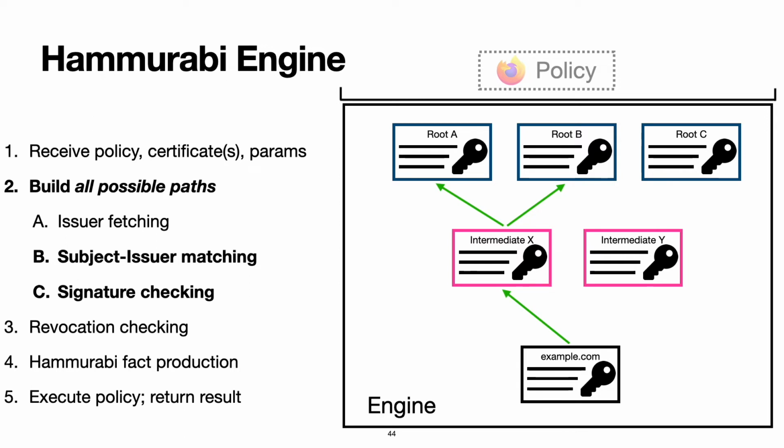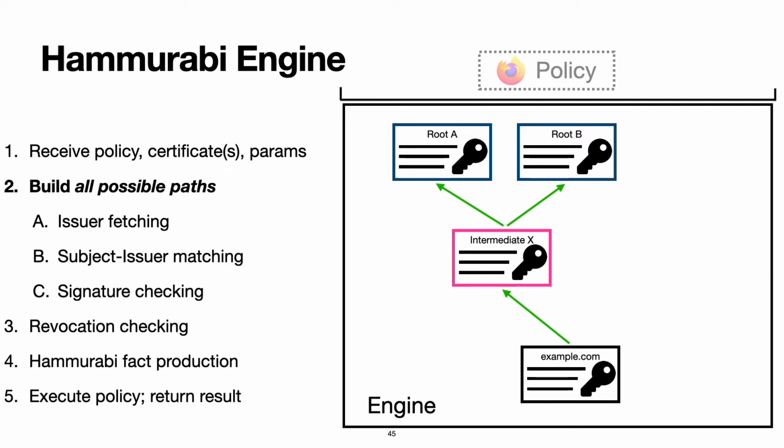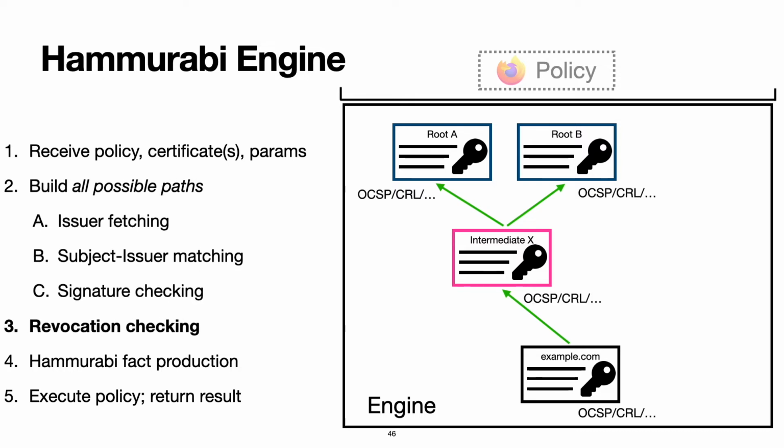The policy is responsible for the rest of path validation, as we'll see soon. The engine discards all certificates not in this tree, then obtains the revocation status, which may involve network calls, of each certificate. Both the client and the policy can instruct the engine to perform certain revocation checks, if any.